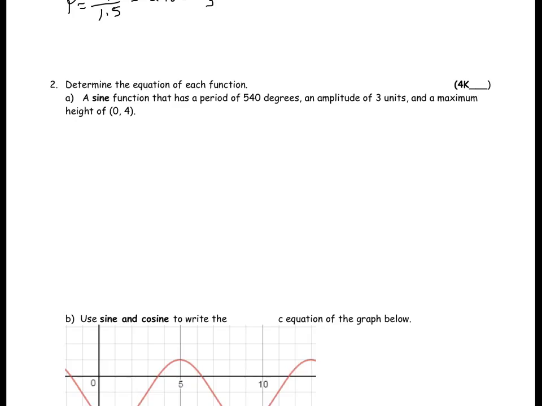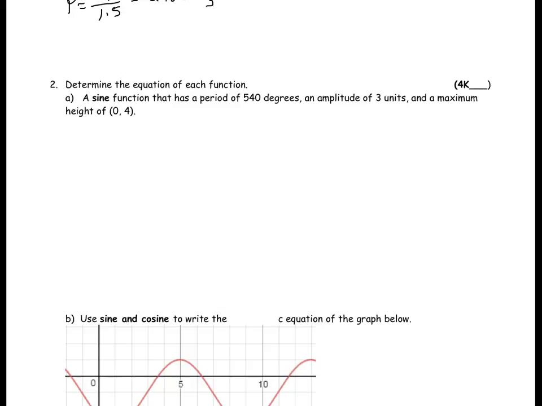We have a sine function that has a period of 540, an amplitude of 3, and a maximum height at the point (0, 4). We are supposed to find the equation using sine.